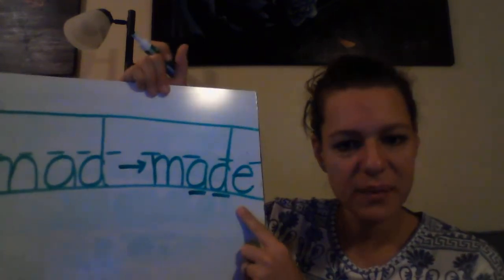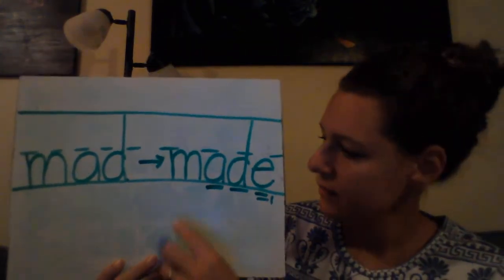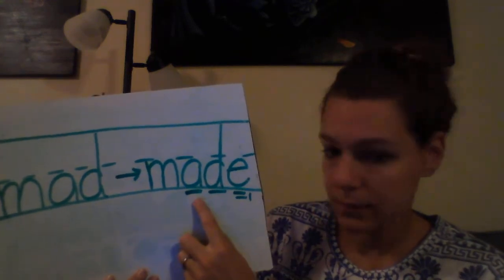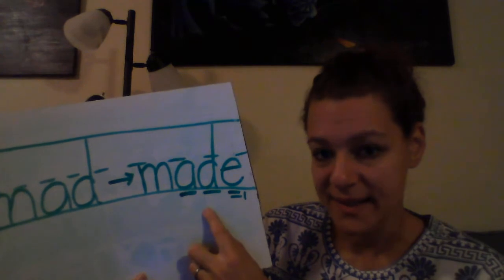And what do we need to do to this? Good, we double underline our silent final E, job 1. All right, let's read our word we just wrote now. Great job, a, d.